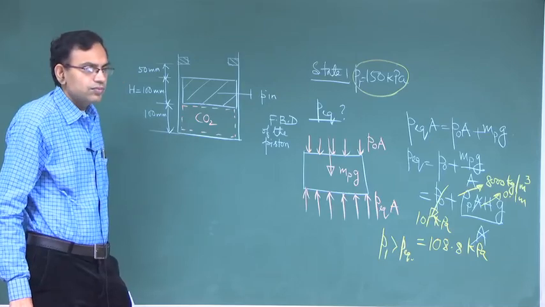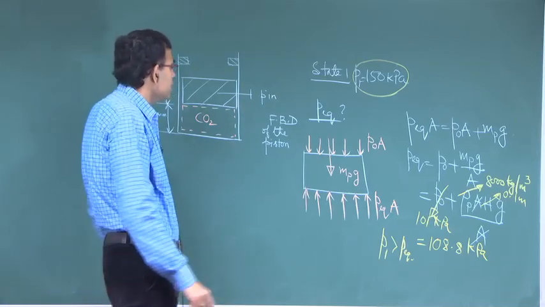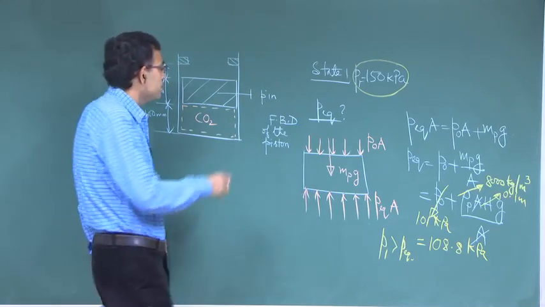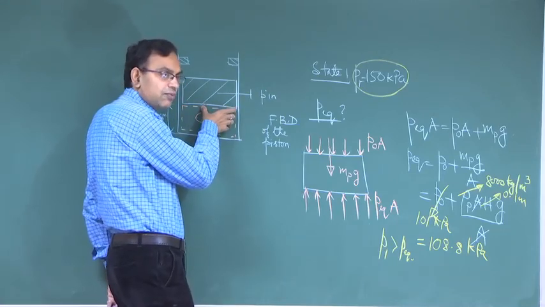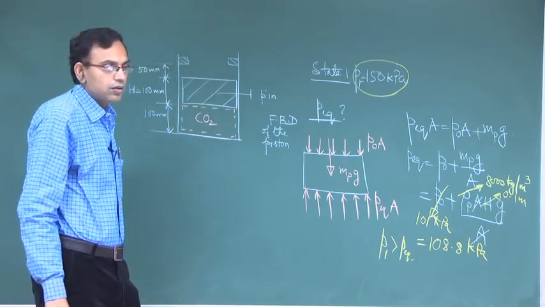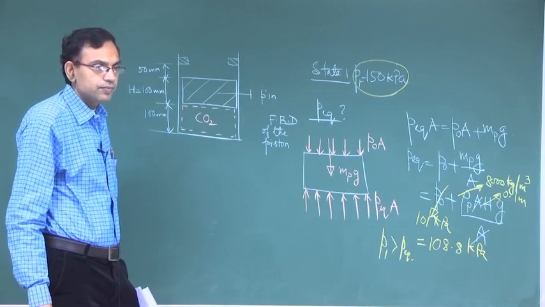Now, what happens when the pin is removed? When the pin is removed, this piston will have a tendency to go up. The question is how far will it go up.